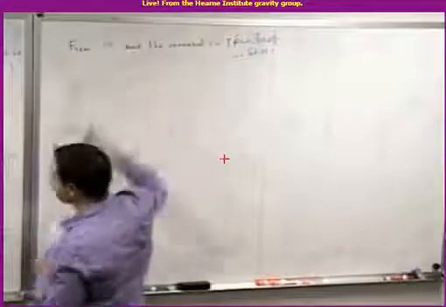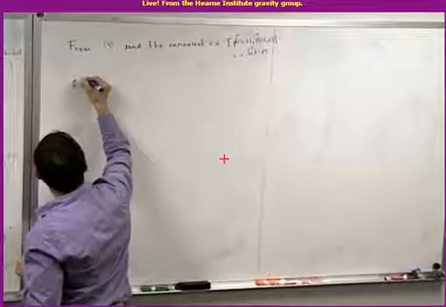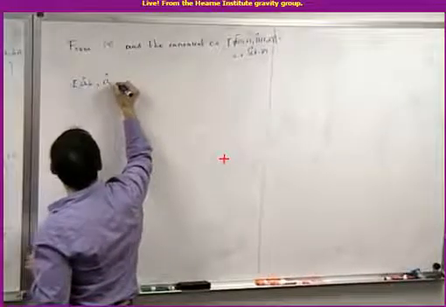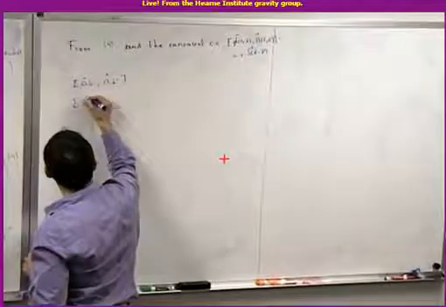From these two pieces of information, we can obtain the commutation relations for creation and annihilation operators, as we did for the harmonic oscillator.